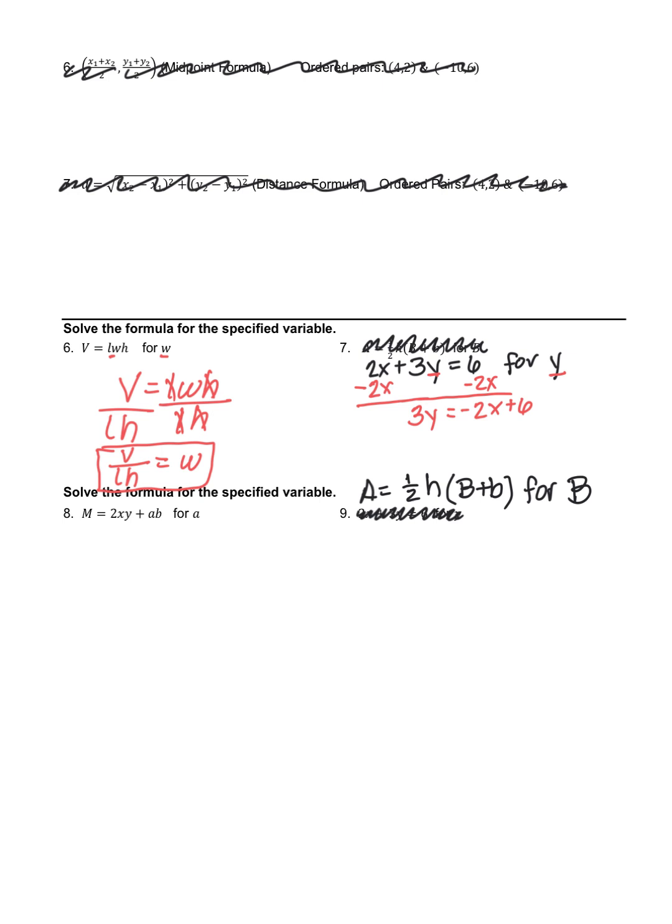Now we have our 3y, so let's divide out that 3. You have to do it on the right and on the left, and we are left with y equals negative 2 over 3x. And then we have 6 divided by 3, which equals 2.